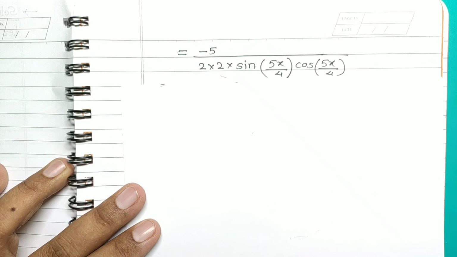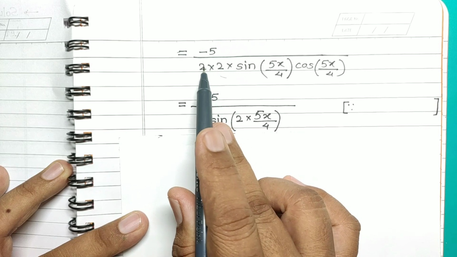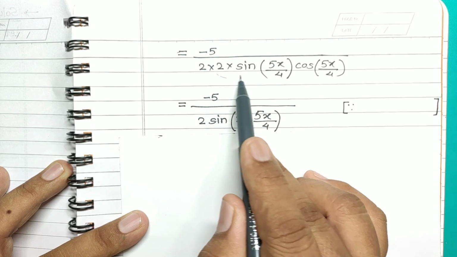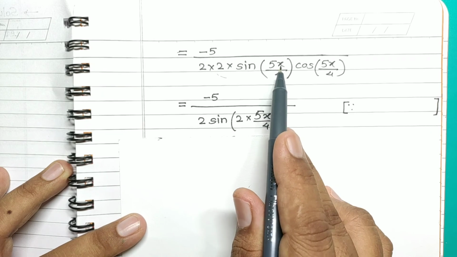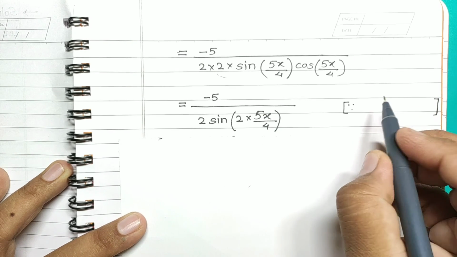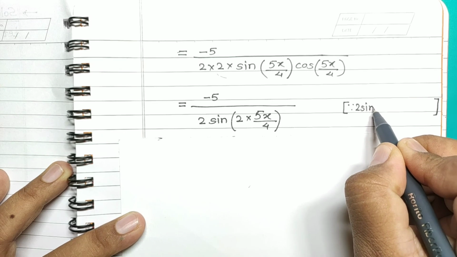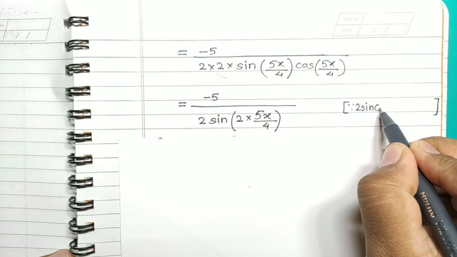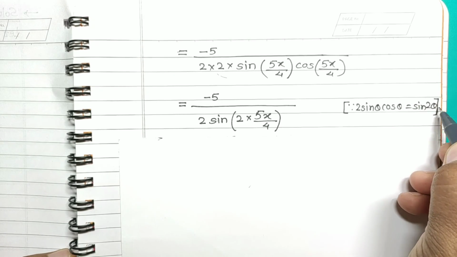Okay, so here we can write this term as minus 5 upon this 2 as it is. These three terms converted to sine of 2 into angle 5x by 4, since we have used result here, write down here result, 2 sin theta into cos theta is equal to sin 2 theta.